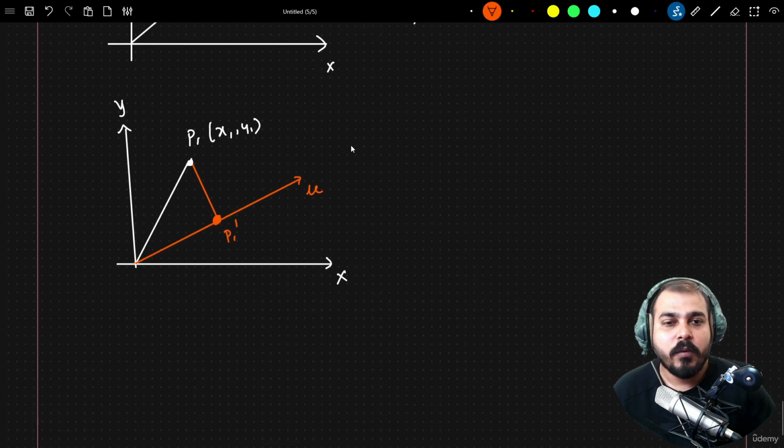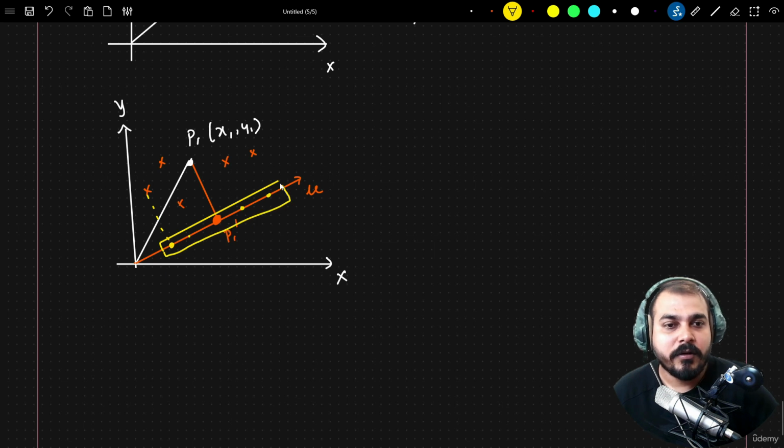The maximum variance will only get captured once we do the specific projection over here, and then only we'll be able to take up all these points and calculate the variance, right? So that is the reason why we really need to project this particular point.